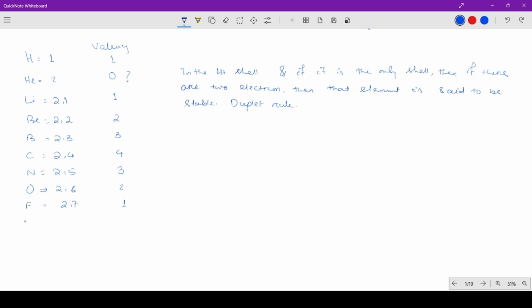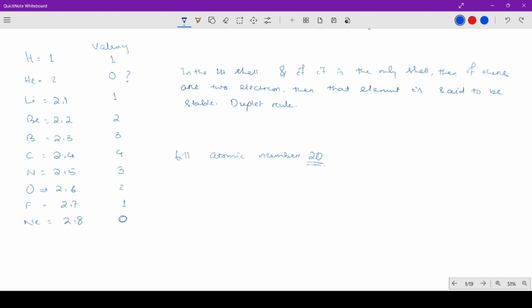Neon has electronic configuration 2, 8, which means the valency is 0. So you can calculate the valency of any element by this method till atomic number 20. This is what valency is.